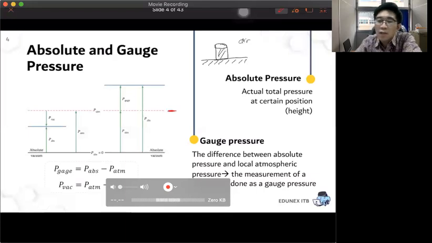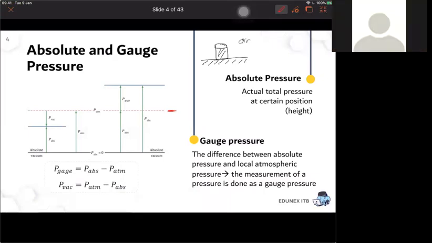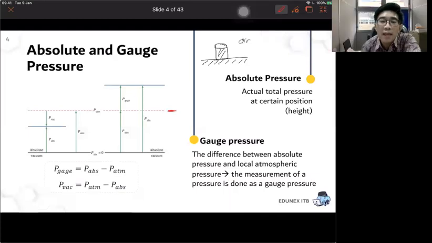Ya, jadi kalau tangkinya terbuka ke udara luar, maka tekanan di dalam tangki itu akan sama dengan tekanan udara luar. So for any open system, open tank, the pressure will be the same as the local atmospheric pressure, or we call it PATM.